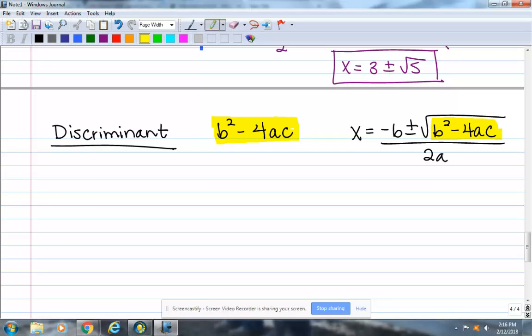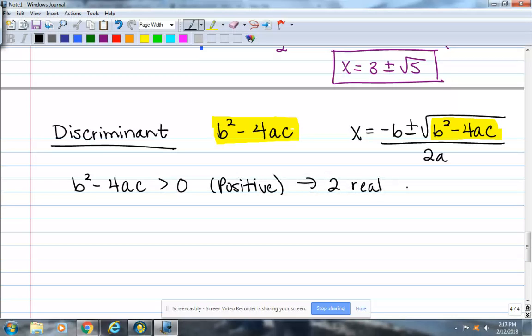So here's what happens. If we get our discriminant, and we get an answer that is greater than 0, which means it's a positive number, that means we have 2 real solutions. That just means 2 numbers that are solutions.